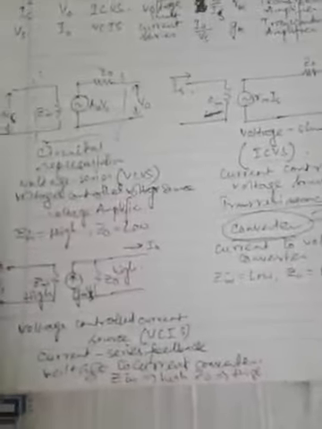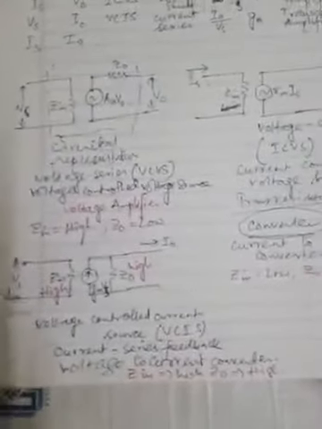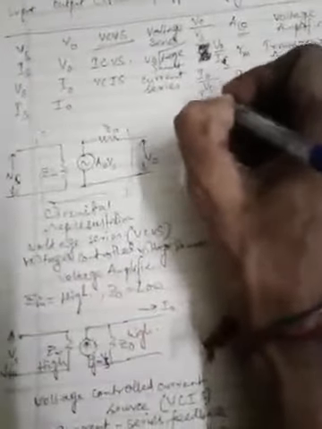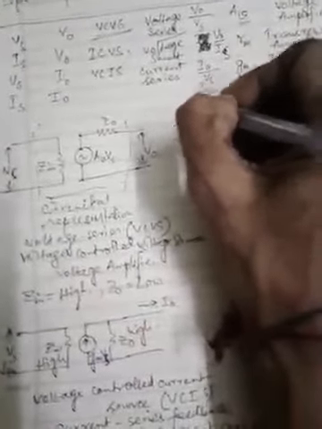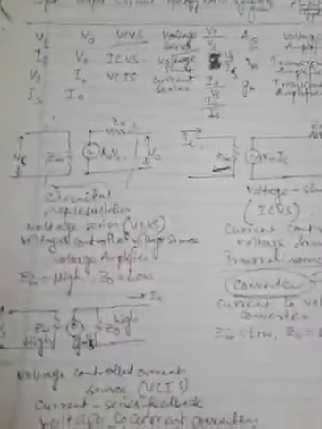Now let us move on to the next topology, where the input is given as Is and the output is taken as IO, both in current form. So the ratio should be IO by Is, and since it is the ratio of both currents, the symbol of gain should be Ai, that means current gain.